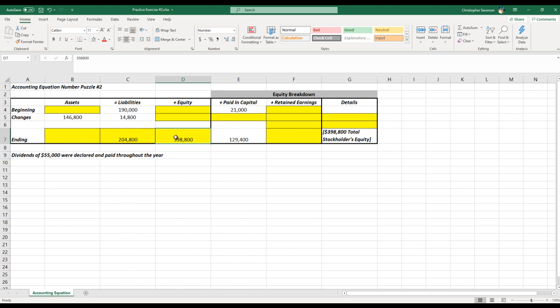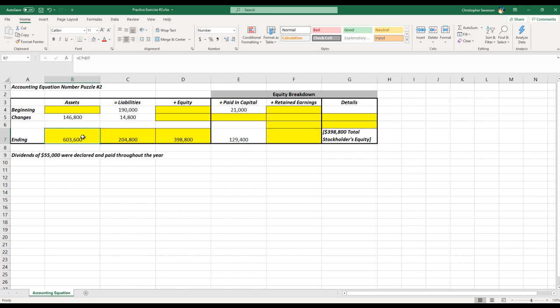Now notice when you have this type of problem, as soon as you start adding another piece in, a lot of times it'll open up a new piece that you can calculate. And that's exactly what's going on with the ending. Now, we know ending equity, we know ending liabilities, we know that assets must equal the sum of those two. So 204,800 plus 398,800, that tells us our ending balance of assets must be 603,600.